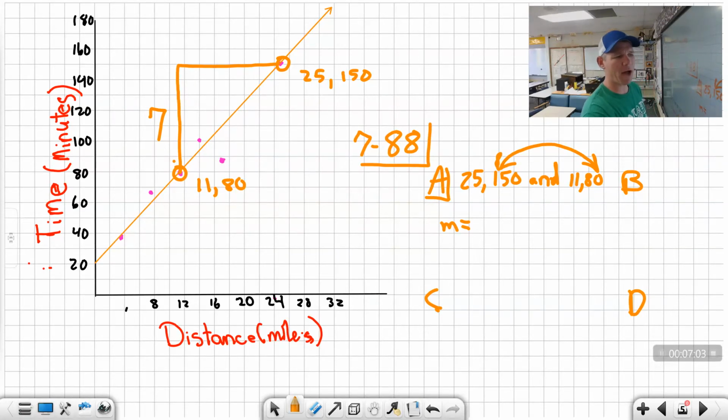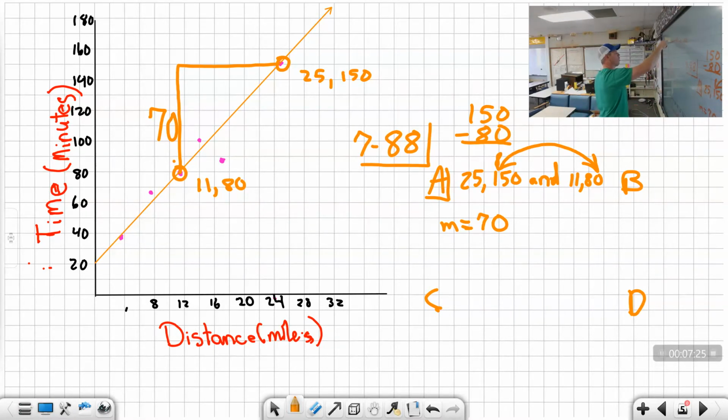How much do you have to go up from 80 up to 150? It's not 7. Oh, remember we counted by tens? It goes up 70. Notice 150 take away 80, the difference is 70. That's helpful.